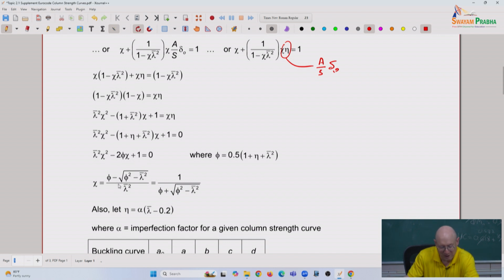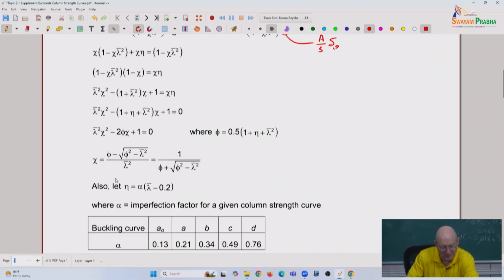Let's solve that for chi. The solution we want is the solution to that quadratic equation with a negative sign in front of the radical, which we can multiply numerator and denominator by phi plus square root of phi squared minus lambda bar squared.